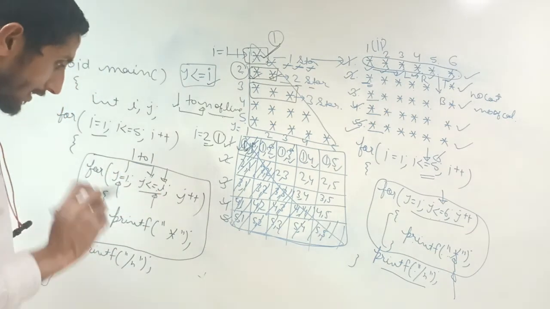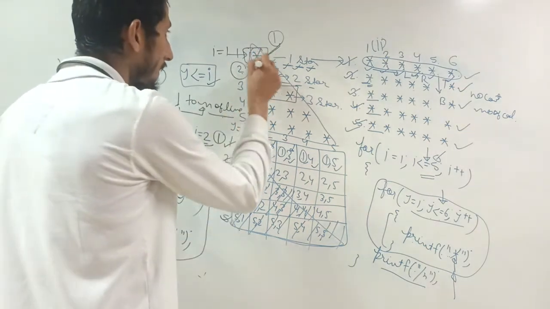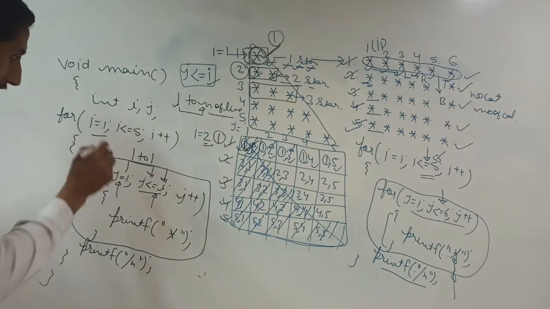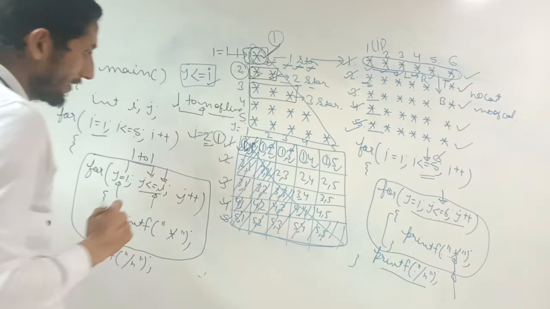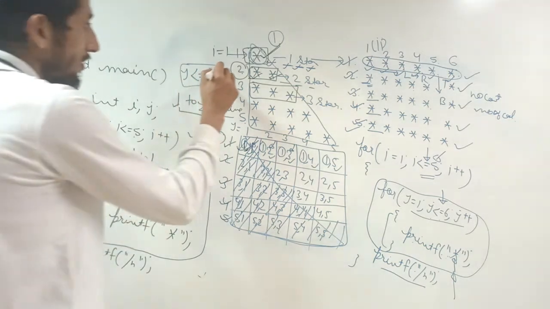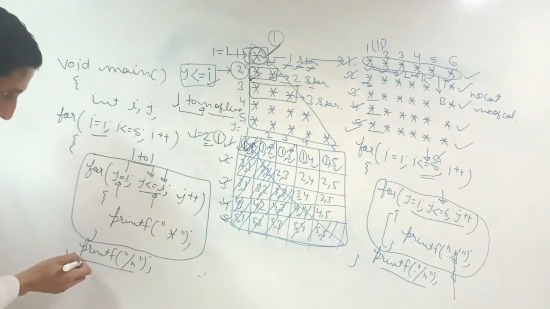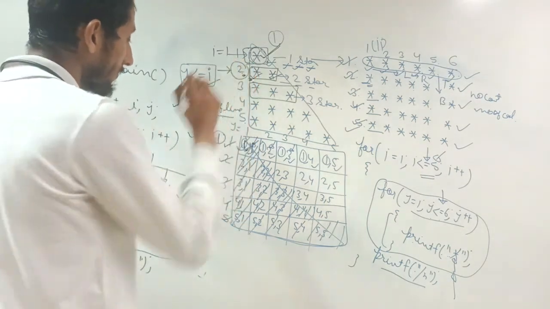It means it will execute one time and give you one star. Then the value of i becomes 2, which means we have entered the second row. And how do we come here? Because we have put slash n, it instructs the compiler to put the cursor on the next line.